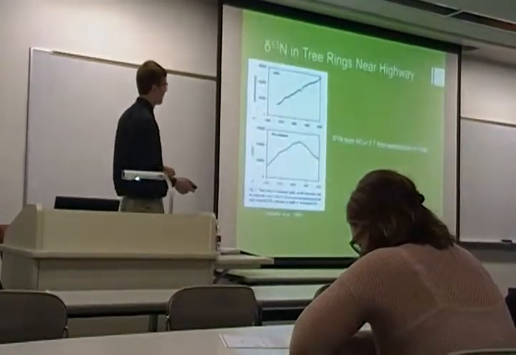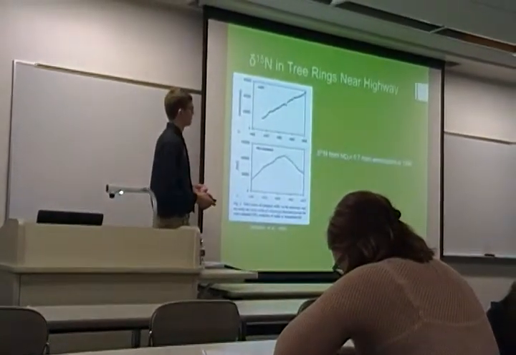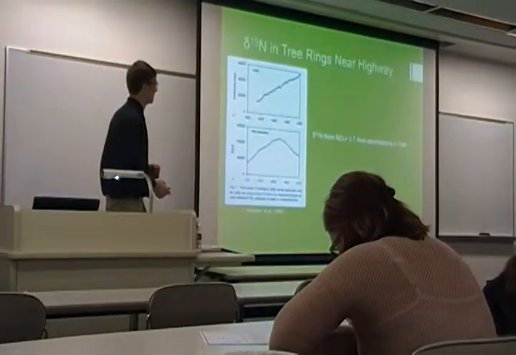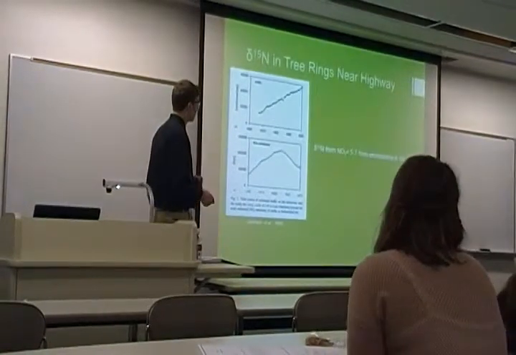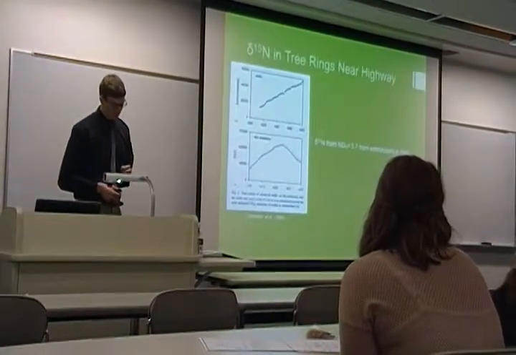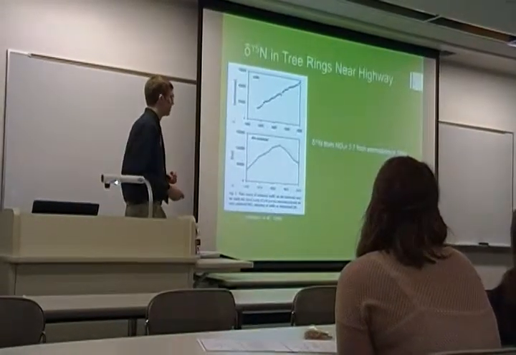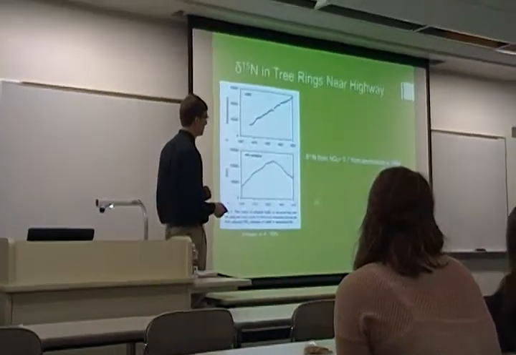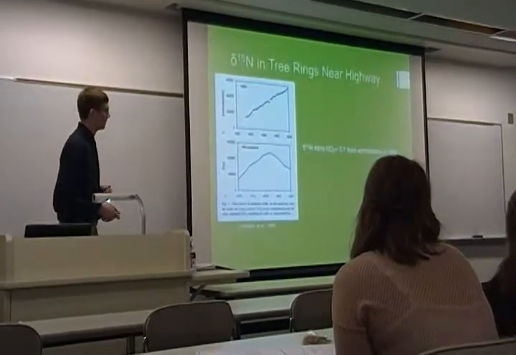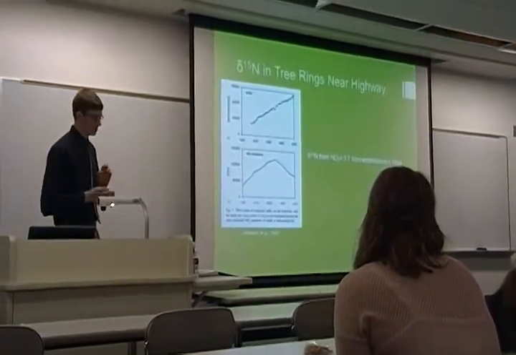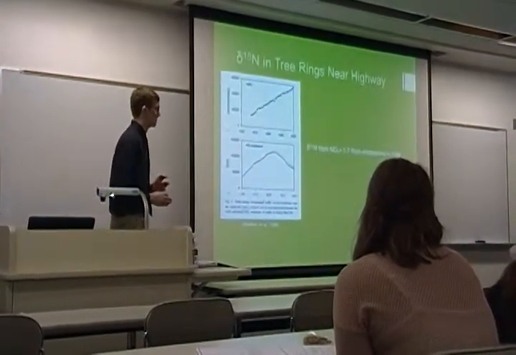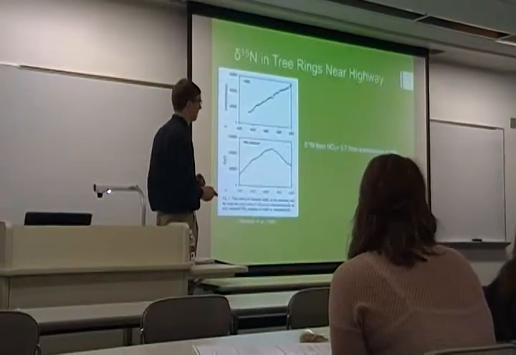So in this experiment, trees were cored and sampled next to a highway in Switzerland. A preliminary study measured the delta nitrogen 15 to 14 isotope ratio just from NO2 gas, just from the emissions of vehicles next to the highway at that exact same site in 1994.